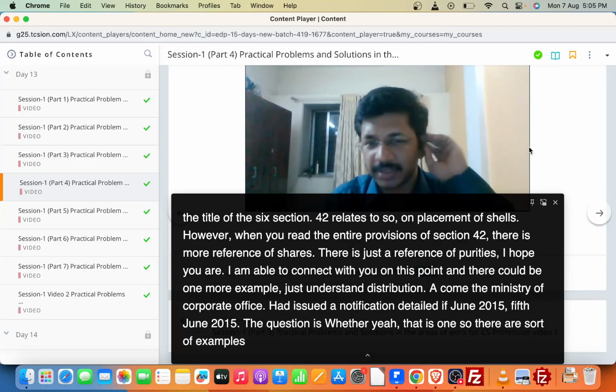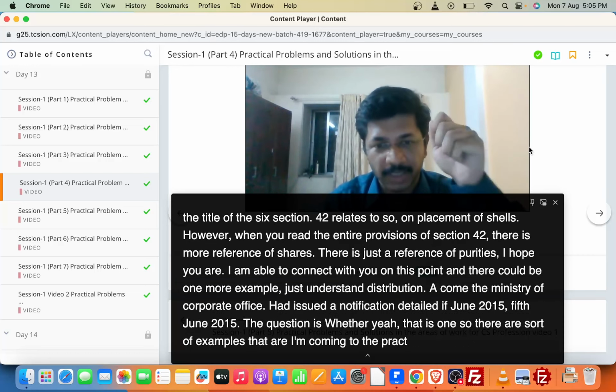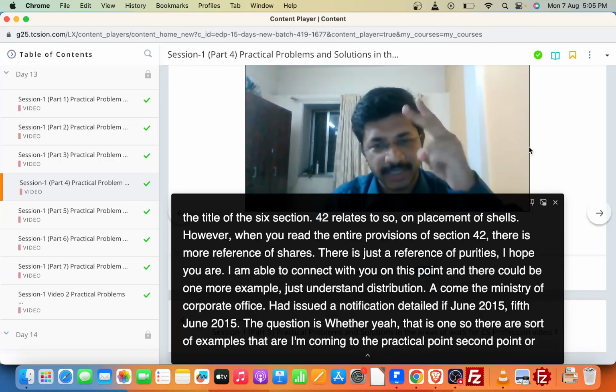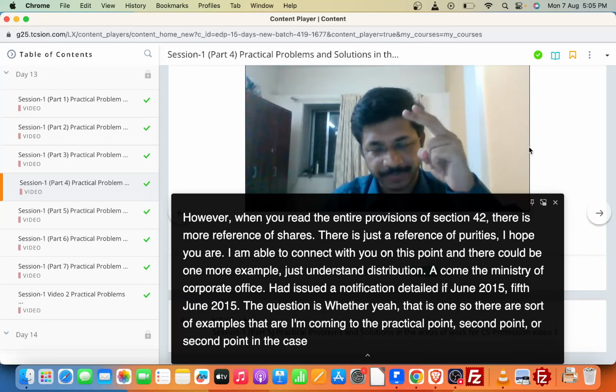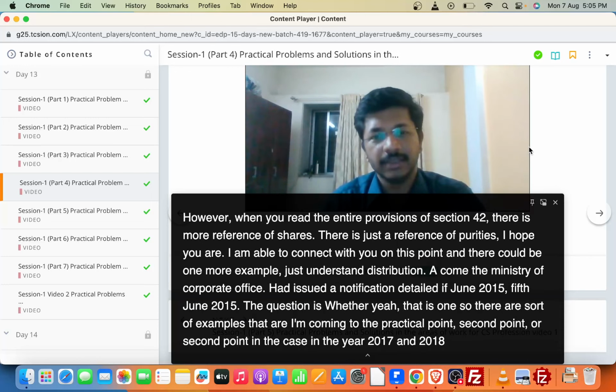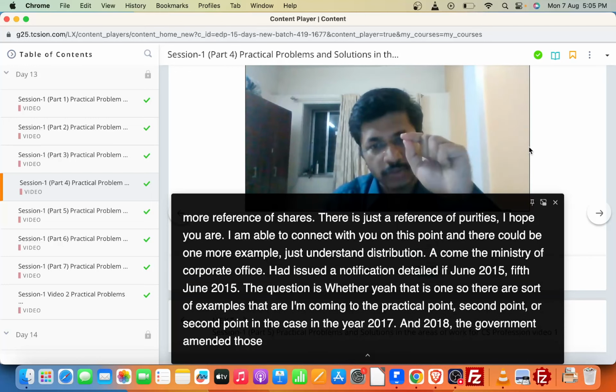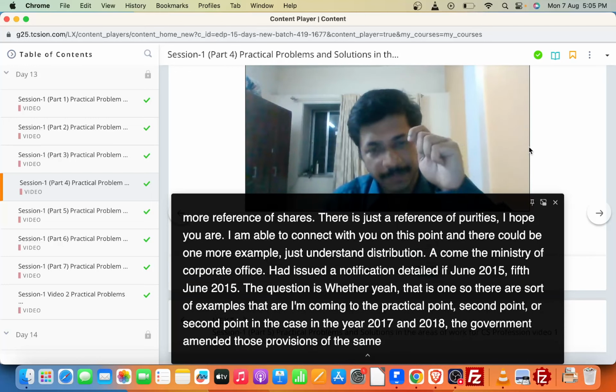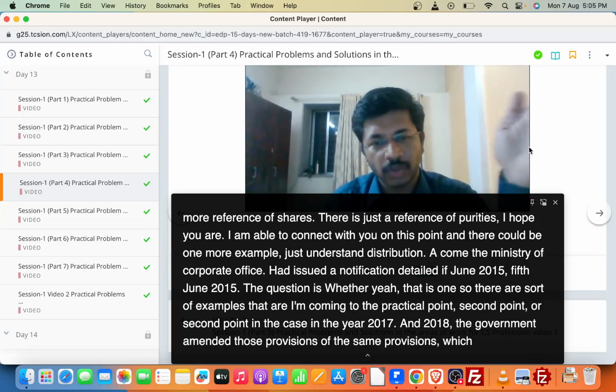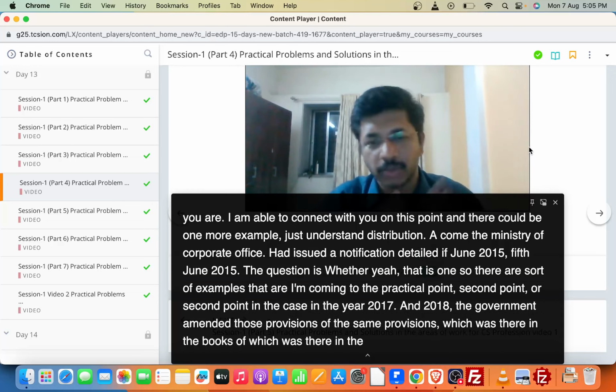So there are certain exemptions that are given. I'm coming to the practical point. Second point in the case. In the years 2017 and 2018, the government amended the same provisions which were there in the books of account.